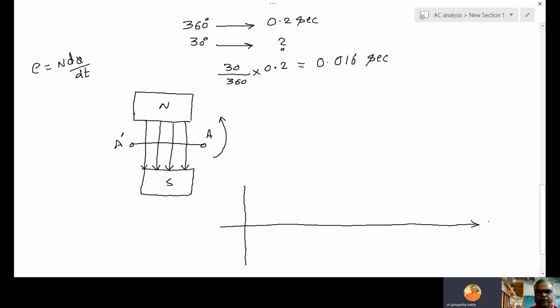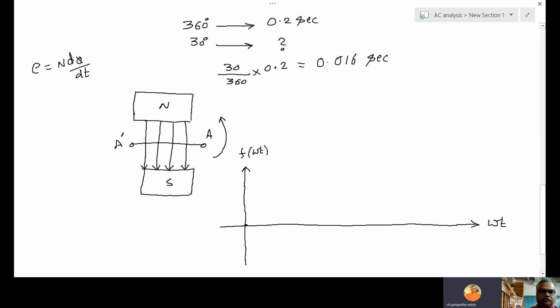Here I am taking omega t. F of omega t. So it starts with 0, when horizontal 0. When this is coming vertical, few flux passing, but rate of change is maximum, maximum voltage will come.